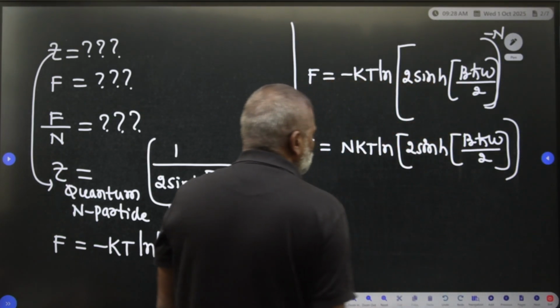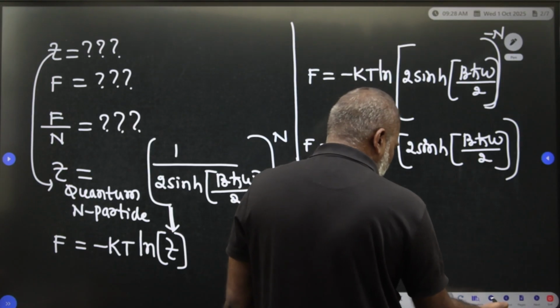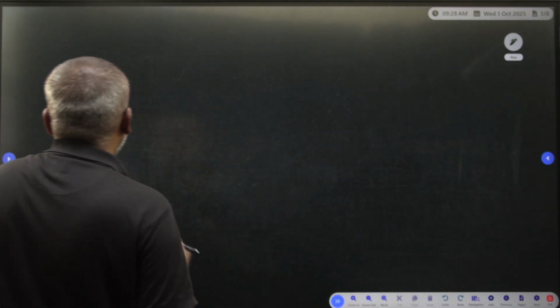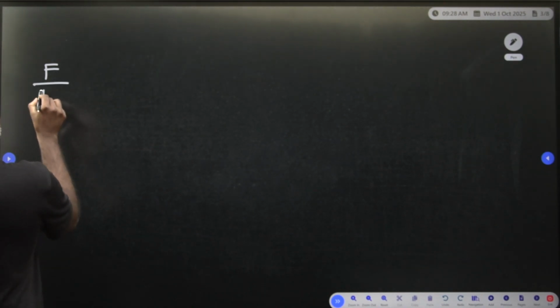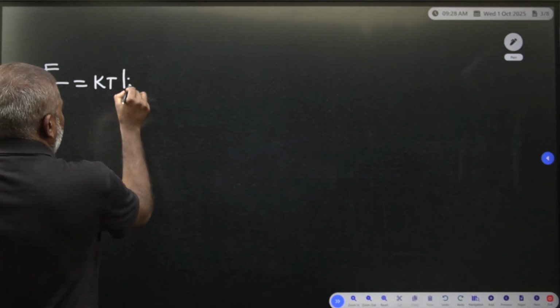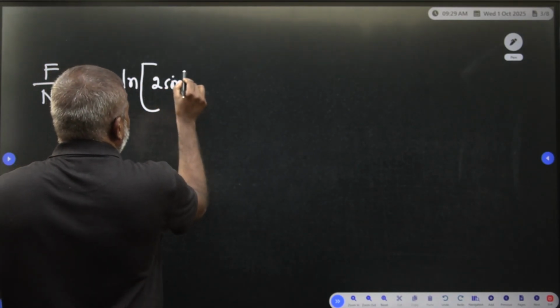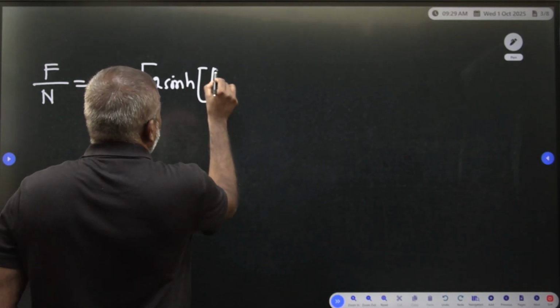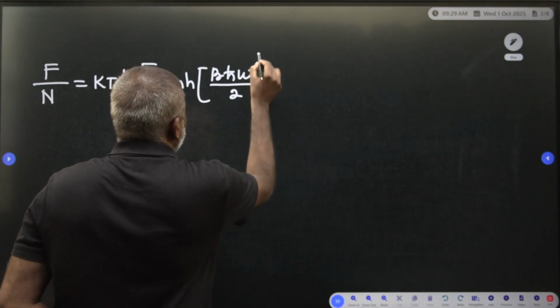Now I want to simplify, because they are giving the answer in terms of h cut omega. So, F by N is equal to kT ln 2 sinh of beta h cut omega divided by 2.